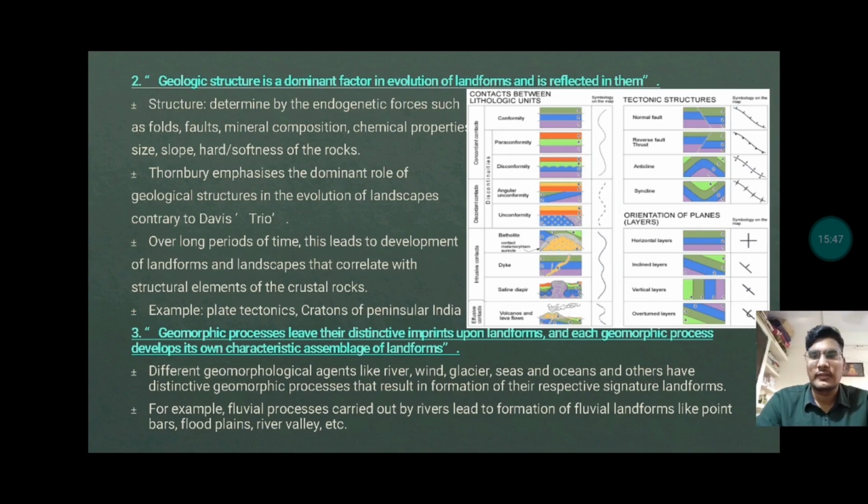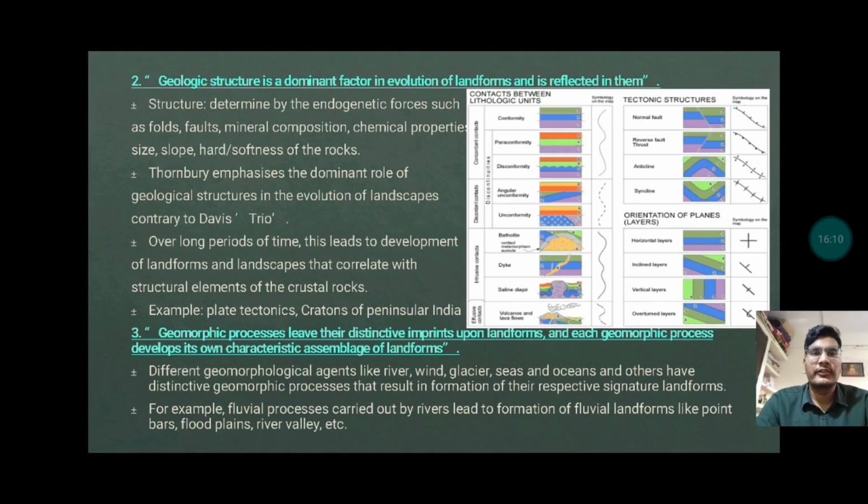For example, rivers have the movement of water, wind has movements due to the pressure gradient, which can create blasting, deflation, as well as other movements in the arid regions.